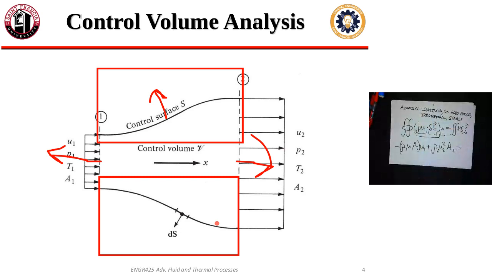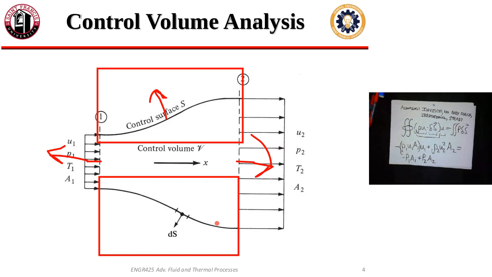Okay, now my right-hand side, this one's a little bit more interesting. It's just P dot ds. So it's some pressure multiplied by an area. The inlet and the outlet are relatively straightforward, right? I just have some area and some pressure acting on it. So like that, right? Sorry, it's negative P1 A1, plus P2 A2. But there's also pressure all around the control volume, right?